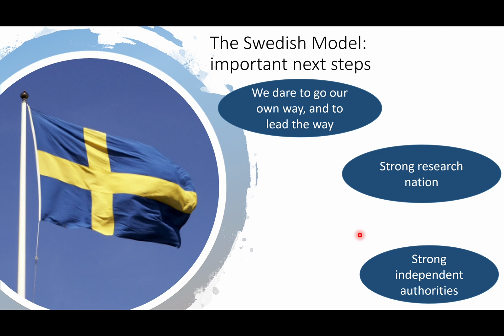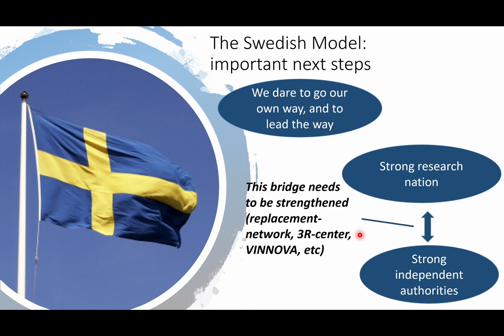But what we need to be stronger at, and is the thing that FDA is strong with, is to integrate research in the authorities. So we need to have a stronger bridge to research, and we are developing a replacement network for that, and the 3R Center is in place, which is doing this, but this needs to have continued funding, and it needs more funding.